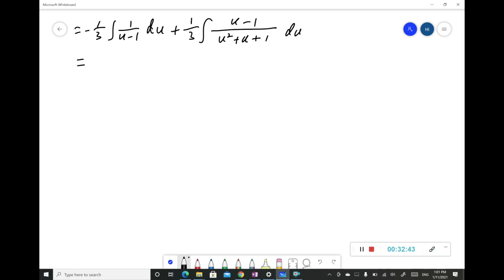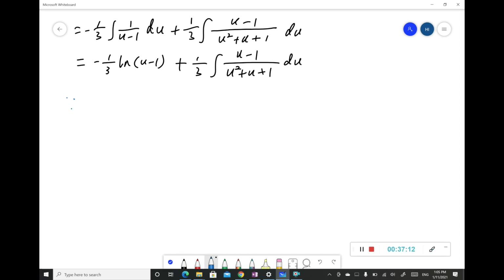This form we are more familiar with now, and the first item is very easy. It's just 1/3 log u minus 1. And the second part, we could keep it the same first.